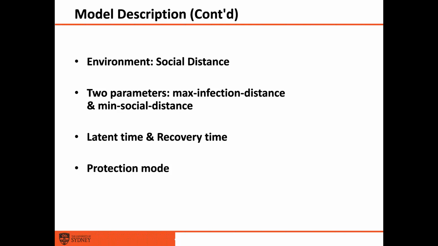When there are infected people in the minimum social distance or in the maximum infection distance, then people will be infected and get state transferred, and the color will be changed. Let's set the time for latent after infection and time for infected to recovery.